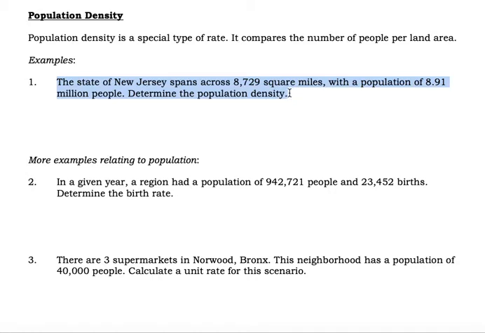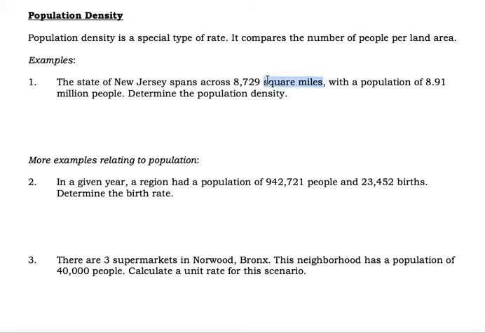Determine the population density. For this problem, it makes sense to take this rate and convert it to a unit rate, so I'm going to divide the numbers. The reason it makes sense is that it might be useful for me to determine how many people I can expect to be located within just 1 square mile.